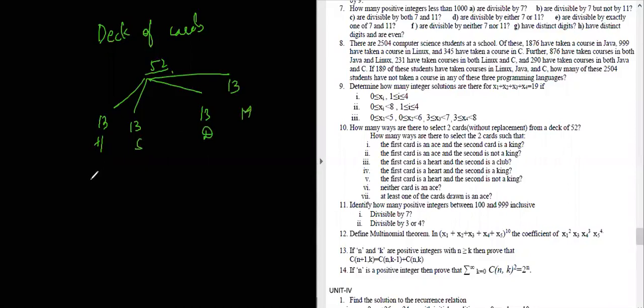In each of the suits, you will have numerical cards, and then you will have an ace, jack, king, and queen in the same way. So totally 13 cards in each, and so if you notice, there will be 4 aces, 4 jacks, 4 kings, and 4 queens. Now accordingly you have to solve the problem.